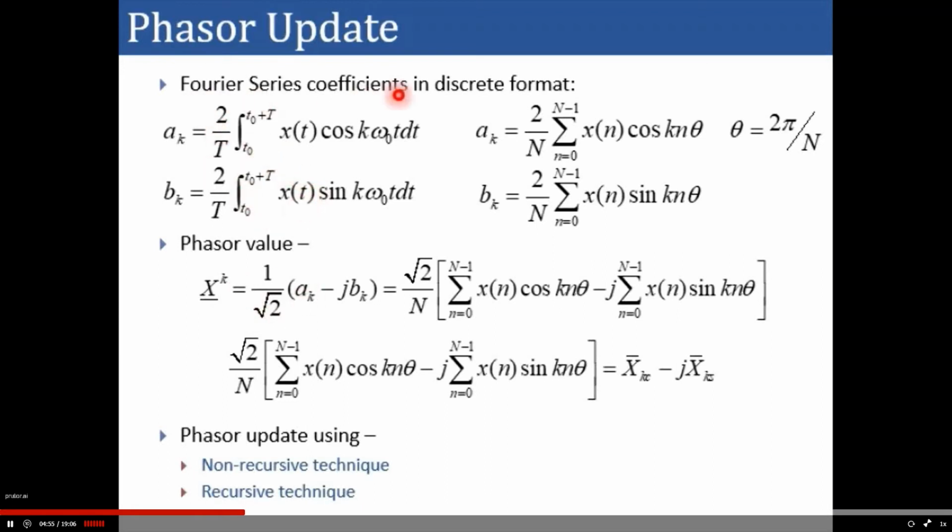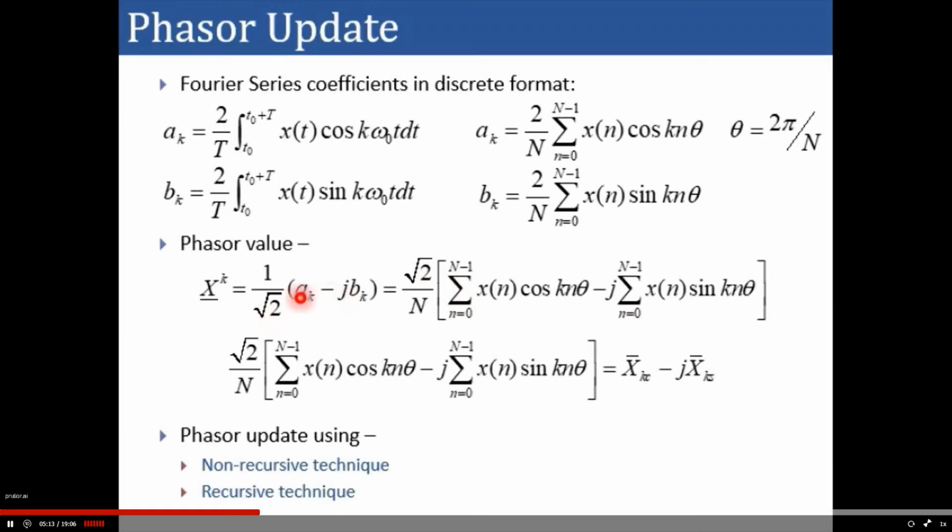The Fourier series coefficients we can correlate in continuous form and in discrete form. Now the kth phasor value will be (ak minus j bk) by root 2.